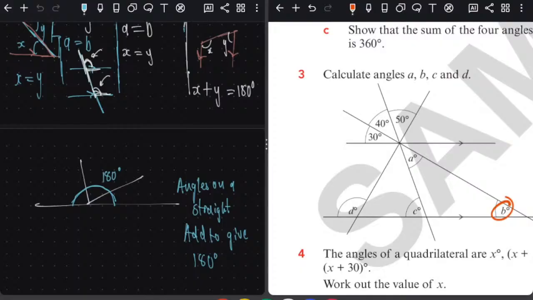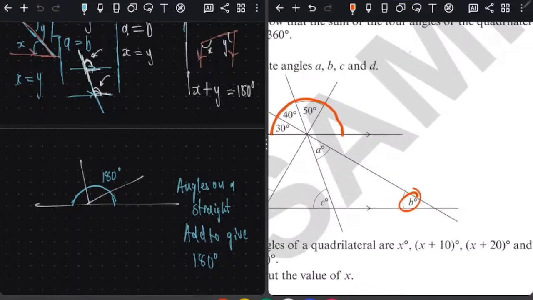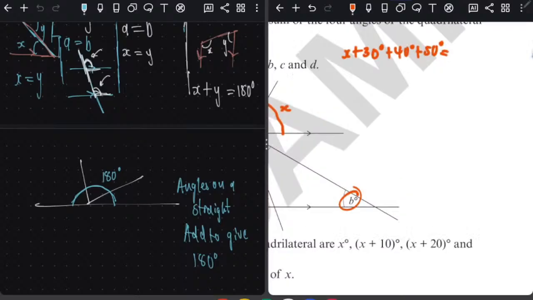So you're going to see a straight line here, and we know we've talked about it many, many times. It is 180 in total. So you start by that. Do that to say, okay, if I call this x, x plus 30 degrees plus 40 plus 50 should give us 180.